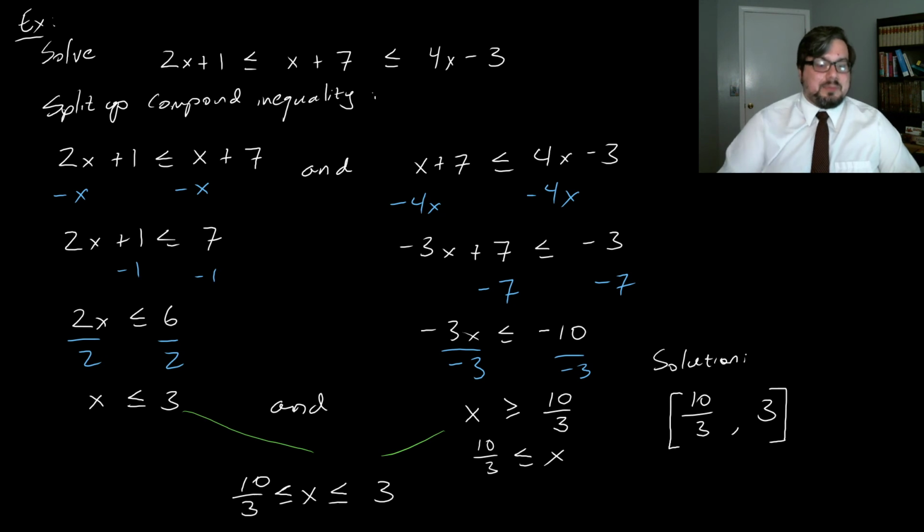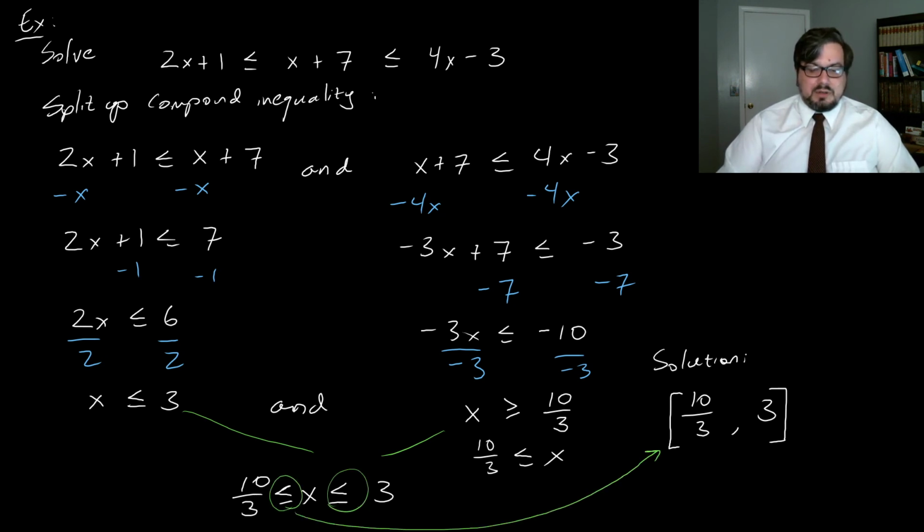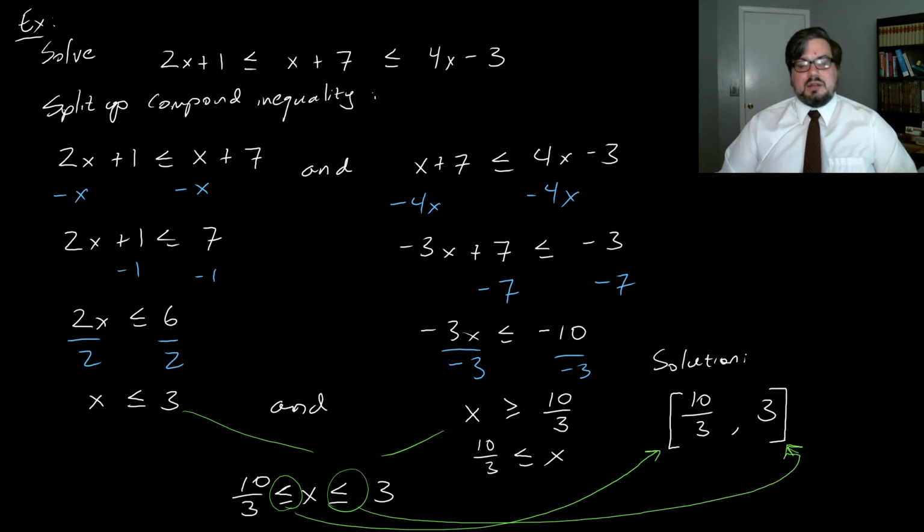And we can tell that by the fact that we've got a less than or equal to, a weak inequality on both of those sides. So this is one thing that we can do in order to solve a compound inequality.